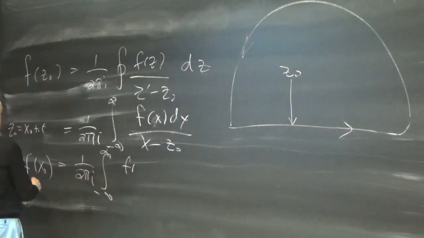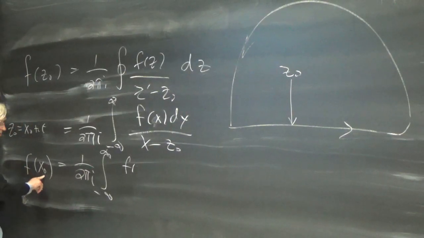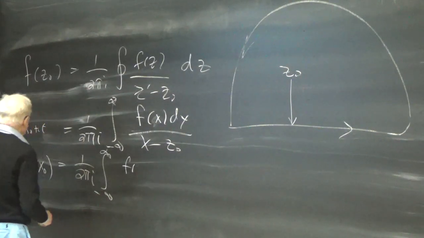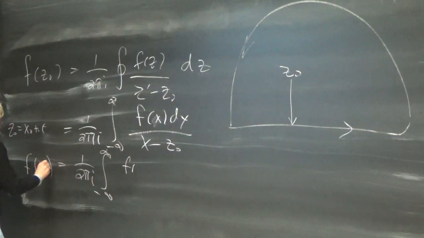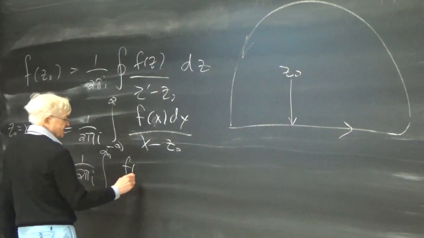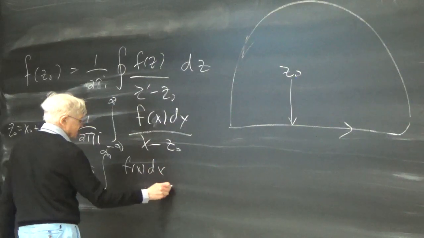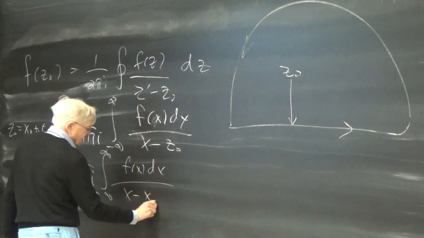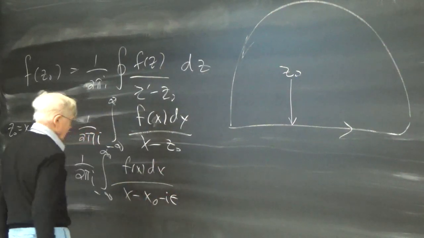Or, well, to start out with, it's z0, but I'm letting it be. Let us say x0 plus i epsilon is then the integral of f of x dx over x minus x0 minus i epsilon.